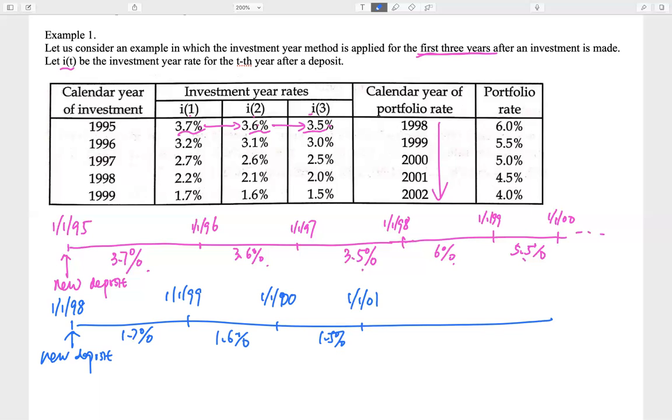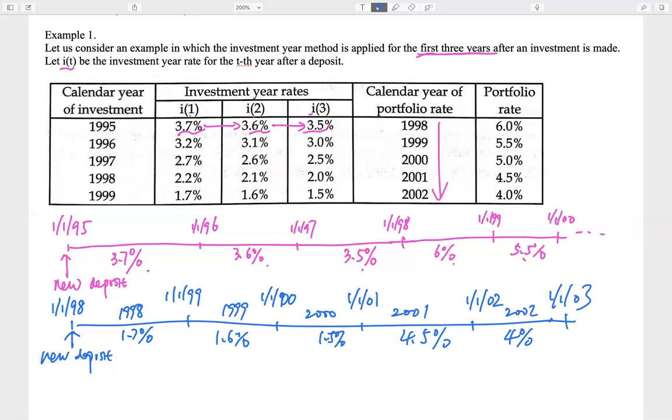After that, it's 2001, so it's 4.5%. And then 2002, the year of 2002, it's 4%. Right? So here, this is 1998, this is 1999, this is 2000, this is 2001, this is 2002.